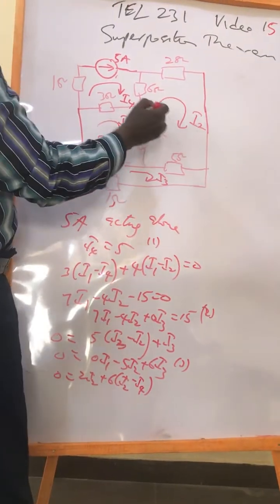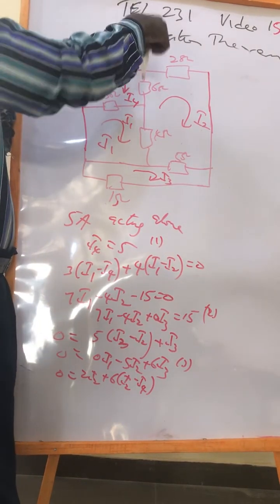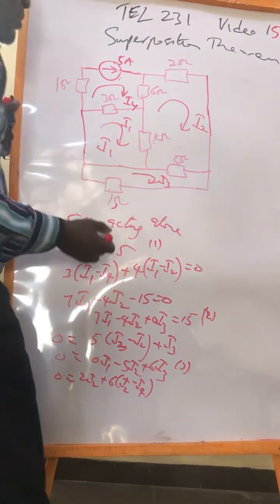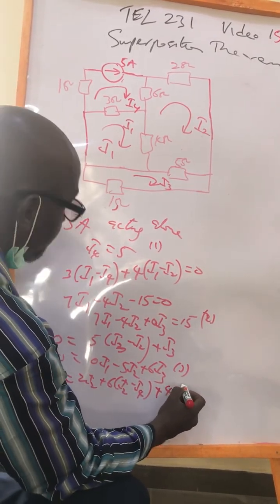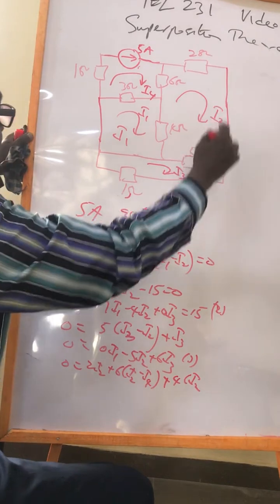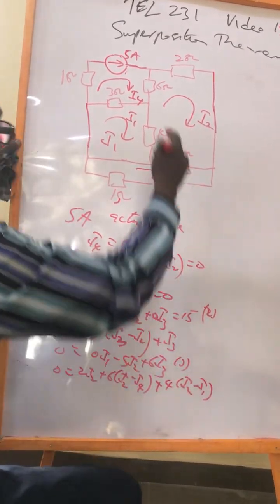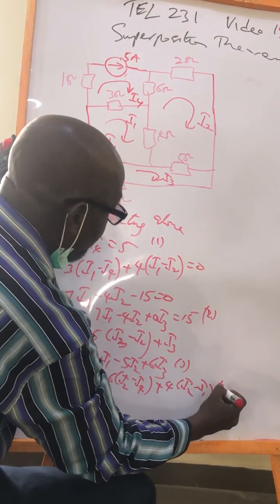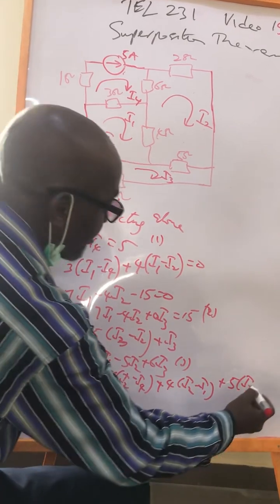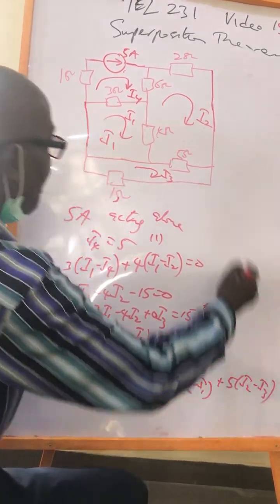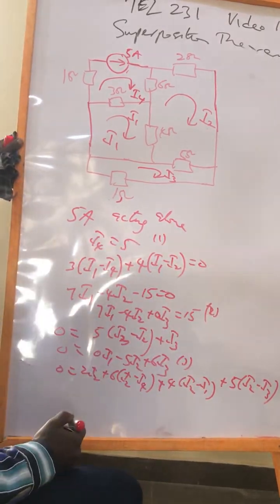I2 is drawing current up through the 6 ohm, and I4 is bringing it down, so that would be I3 minus I4. Then plus 4 times I2 minus I1, because I1 is bringing current down, plus 5 times I2 minus I3. I2 is sending current like this, I3 is sending it like that, which is opposite.